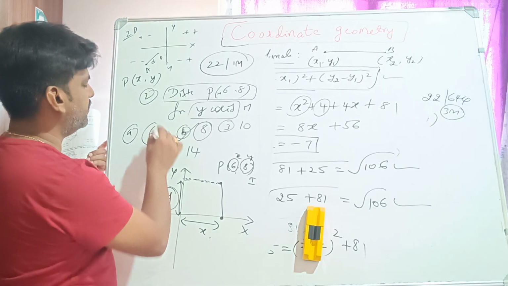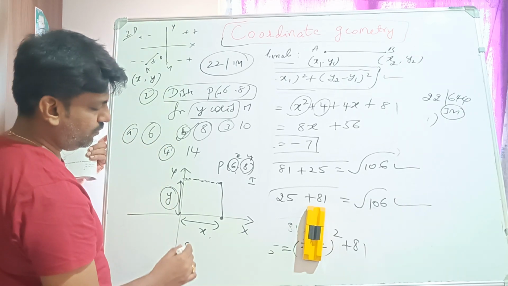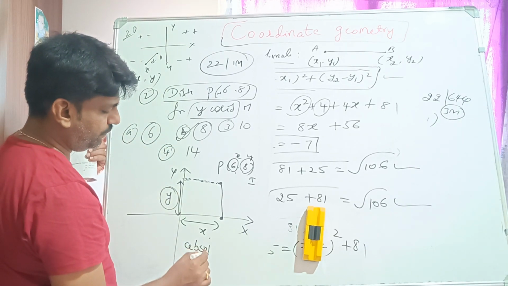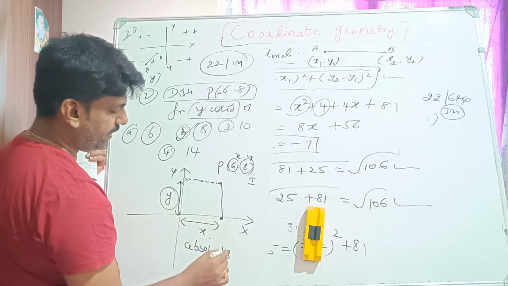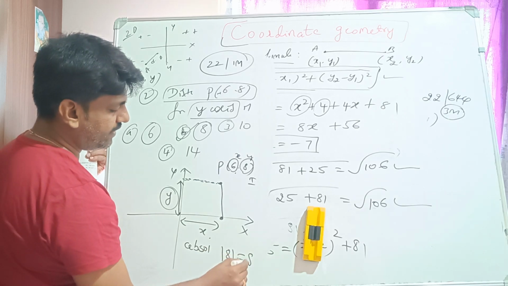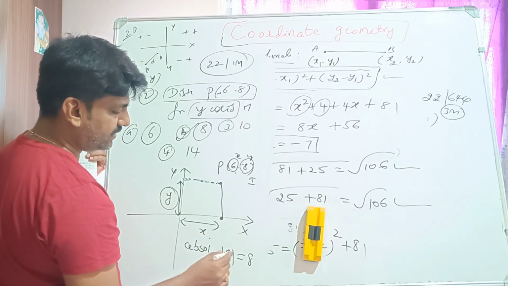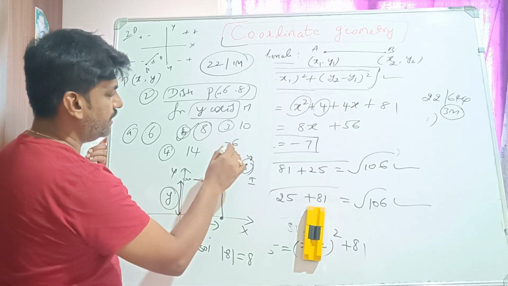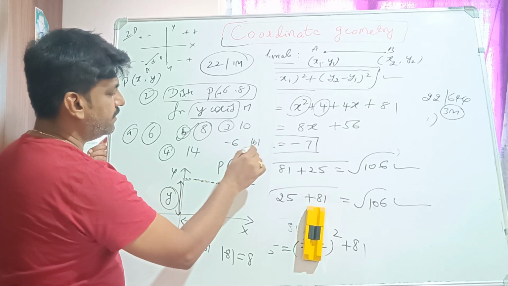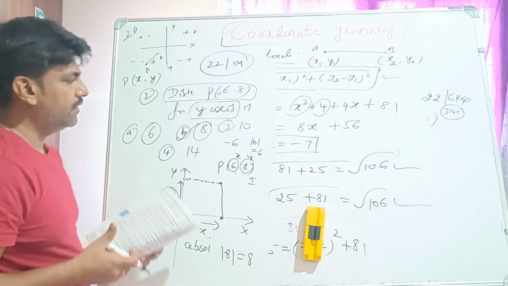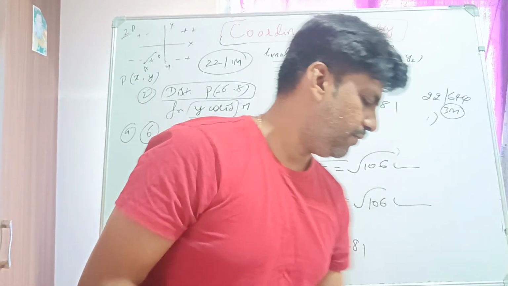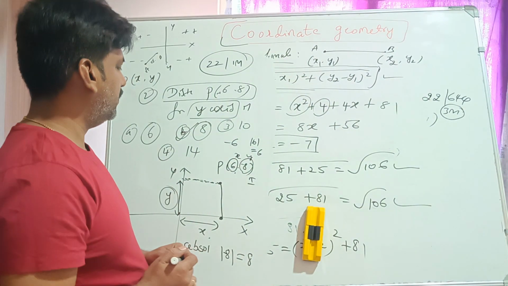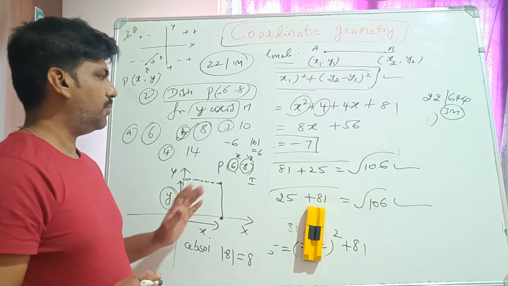At that time, the correct answer is 6. Right? So we should take the absolute value. Assume that this value is minus 8, at that time also it is plus 8. Assume that this value is minus 6 they have given, at that time we should take this as 6. Right? So these are the minor things we should know while solving the problem.